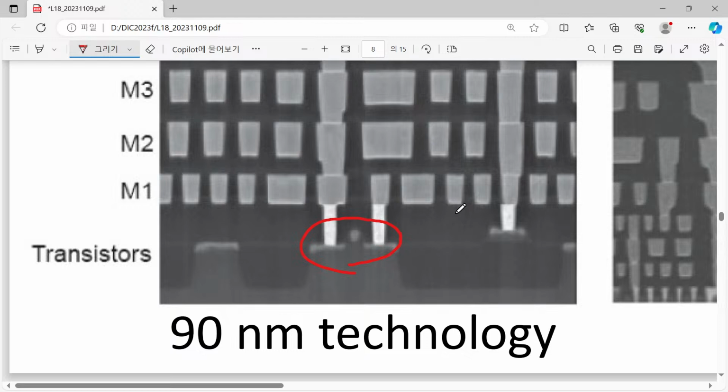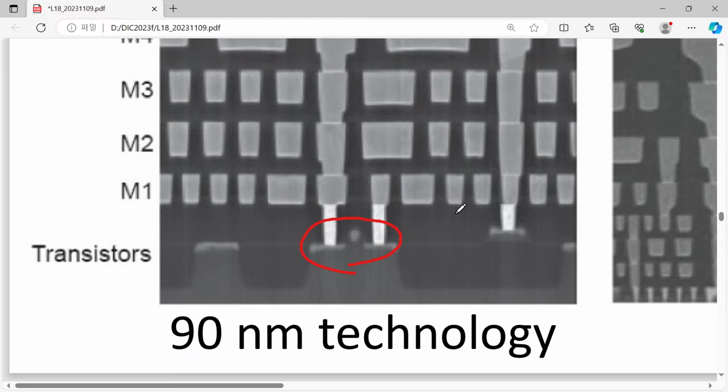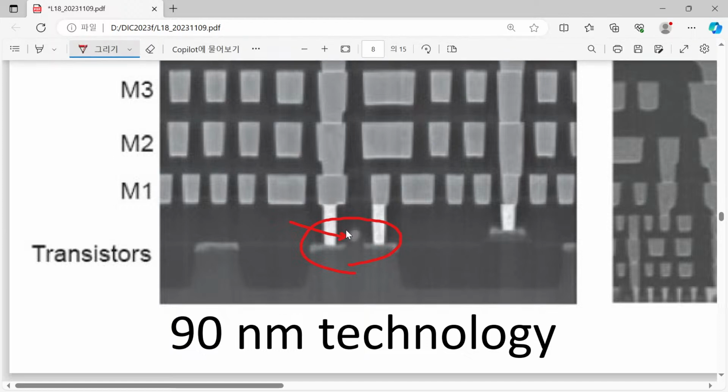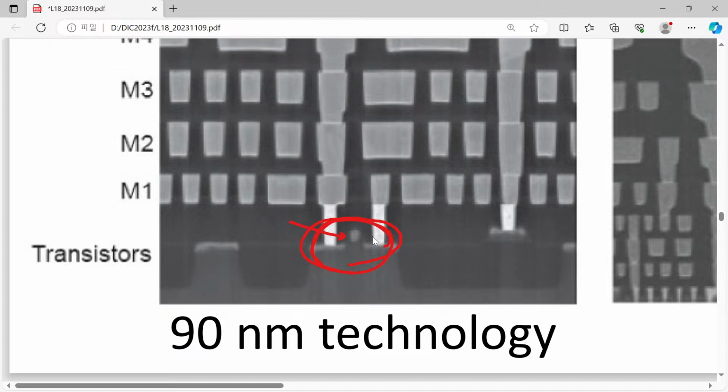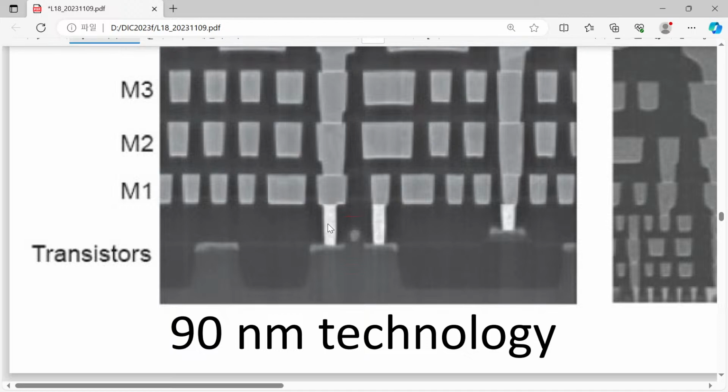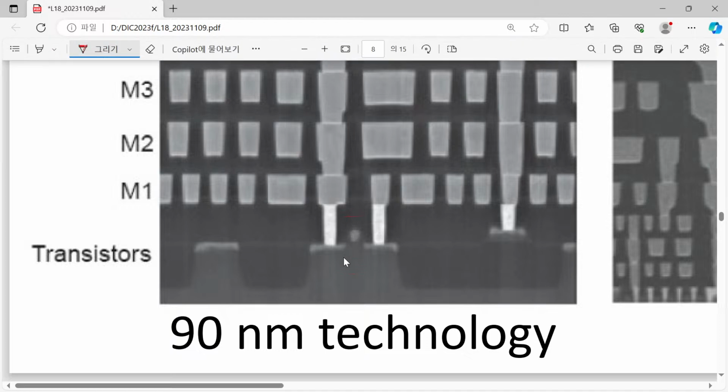Compared with these other metal lines, it is quite a small part. Of course, size is not the only story. All kinds of important signal processing is done here, so it is important. It really determines the signal, but at least in terms of size, the transistor is not a big portion of our wall.